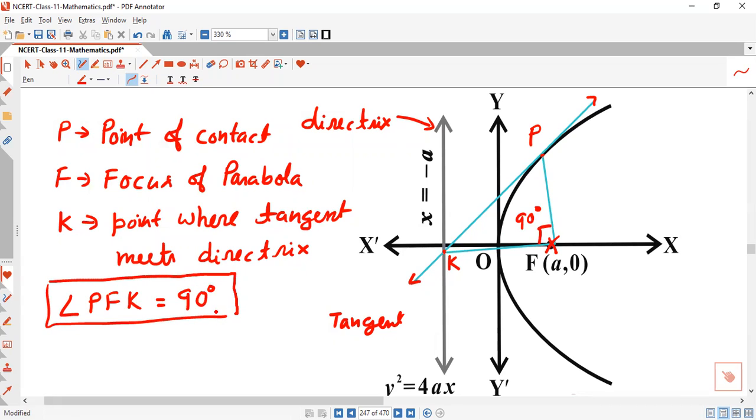This is one of the important results: where the tangent meets the directrix, and this is the focus, this point makes an angle of 90 degrees. So you can say this angle is 90 degrees.